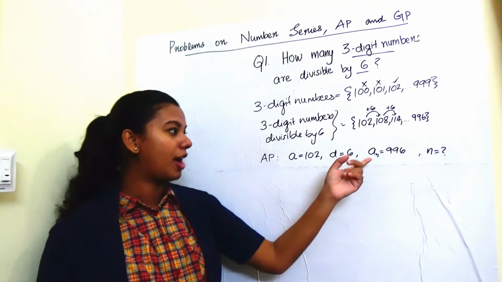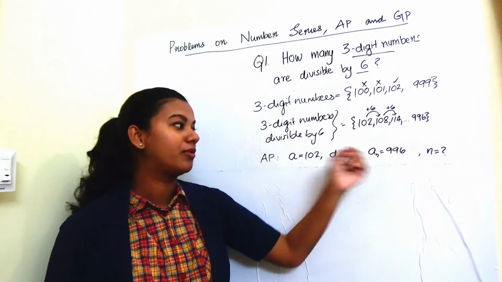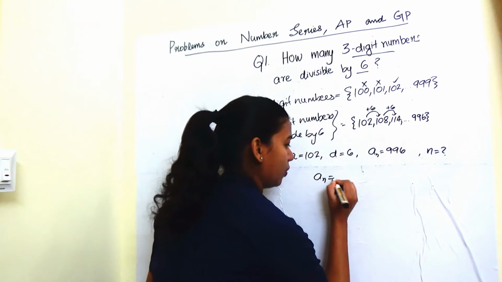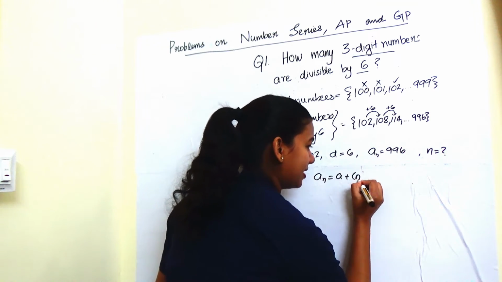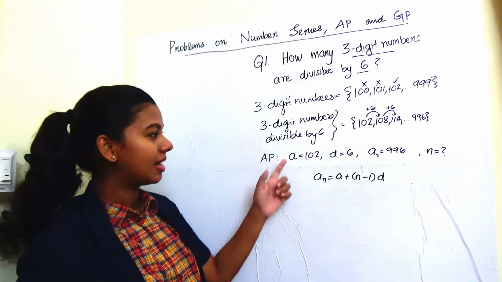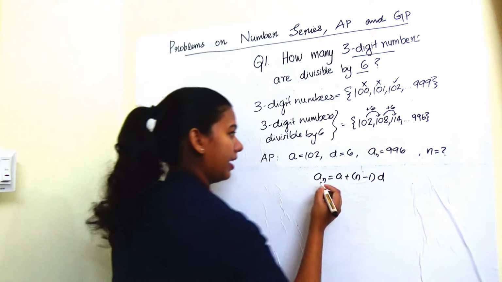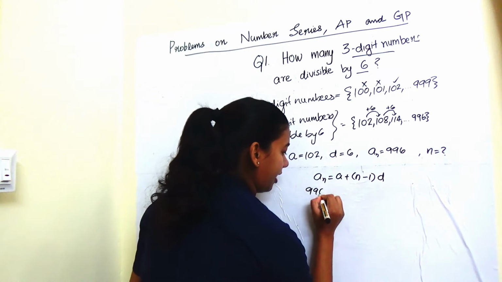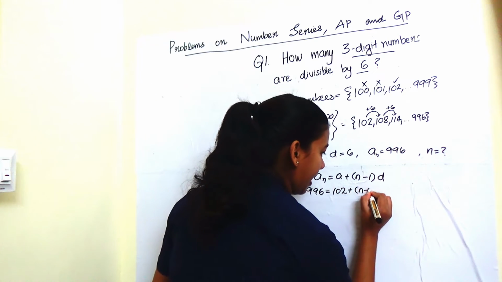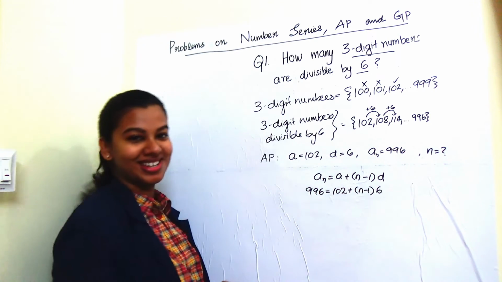I already discussed the formula for an in an AP. That is an equals a plus n minus 1 into d. Now I'll substitute these values. That is 996 equals 102 plus n minus 1 into 6.